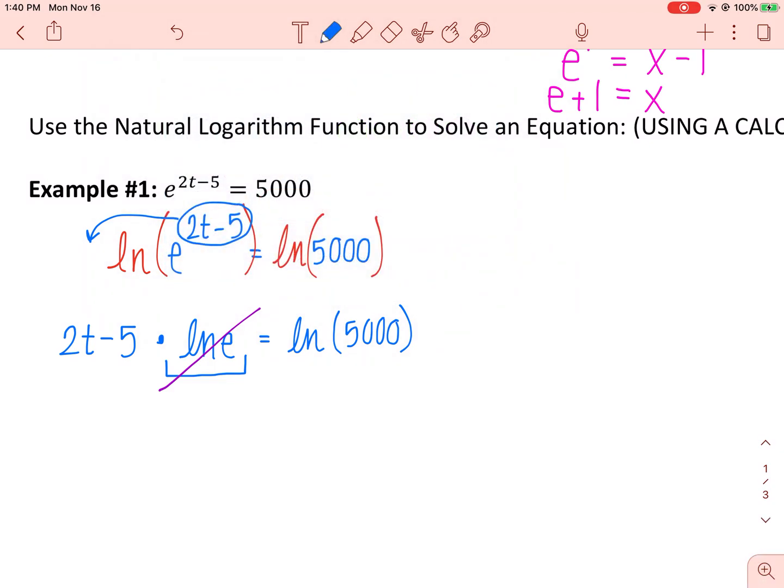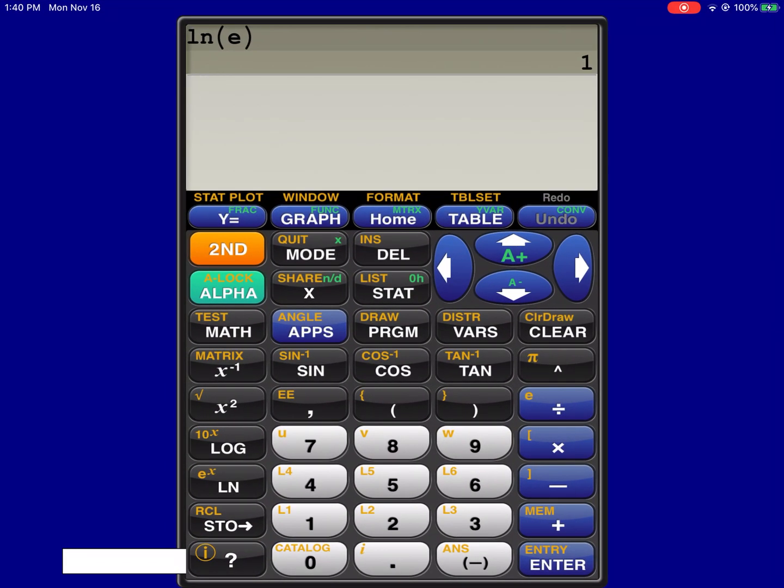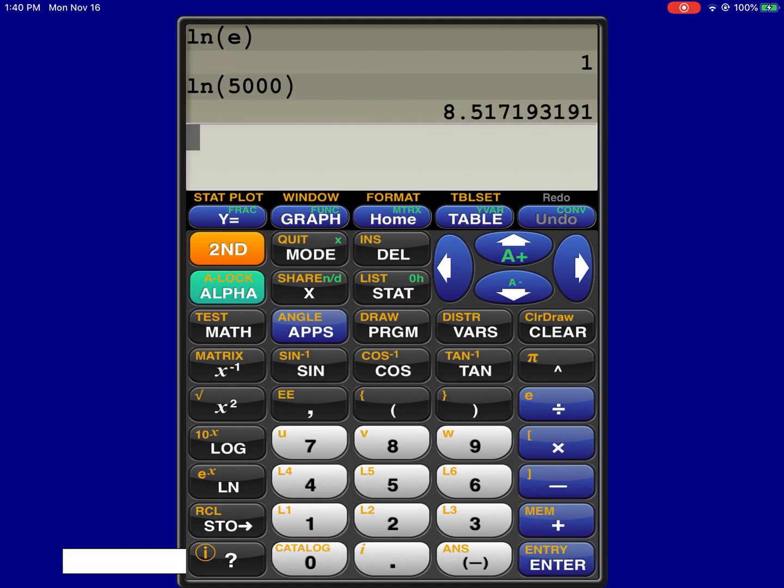That means I'm left with 2t minus 5, that exponent, equaling ln of 5,000. Let's use our calculators for this part as well. I'm going to head back. You're going to press ln, that button above the stow on the left, type in 5,000, and you get a crazy decimal.